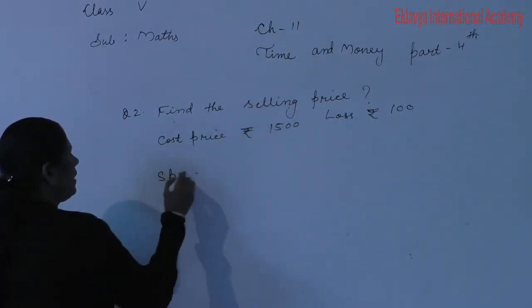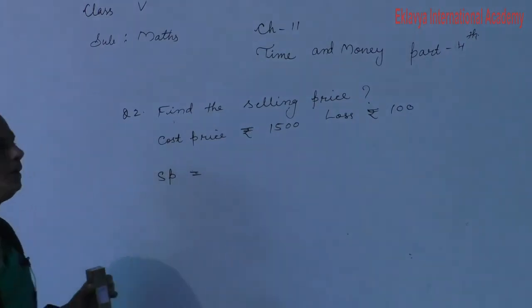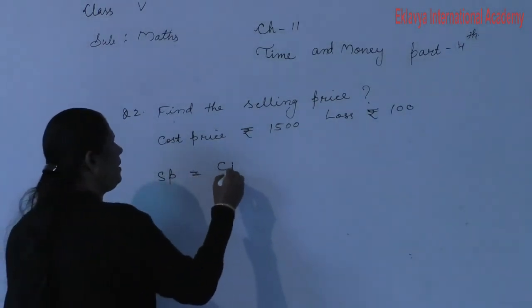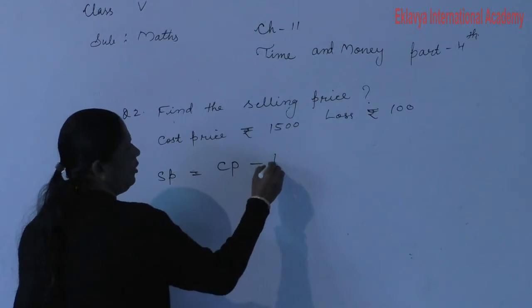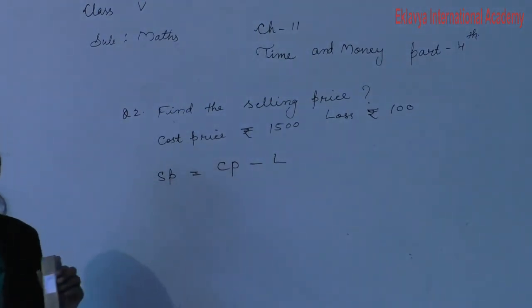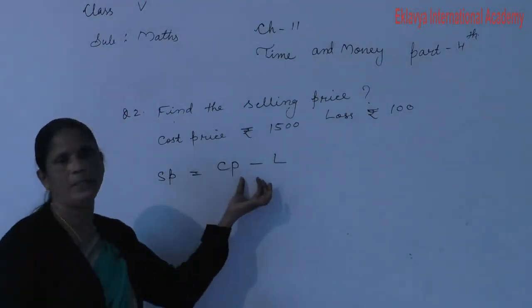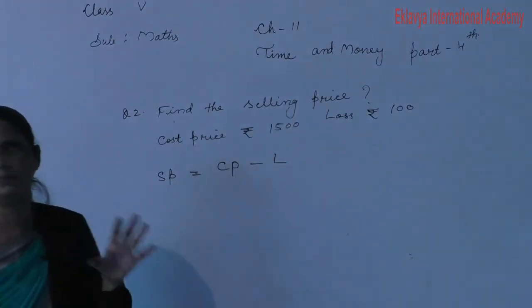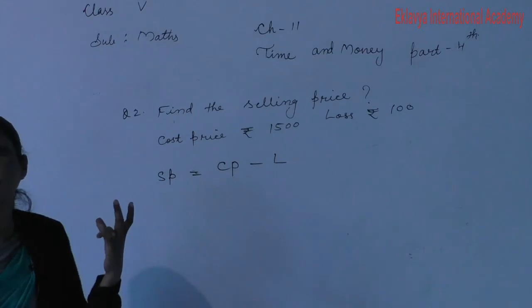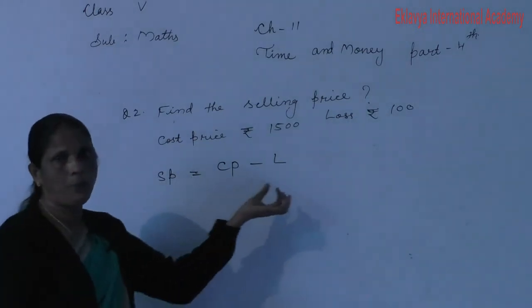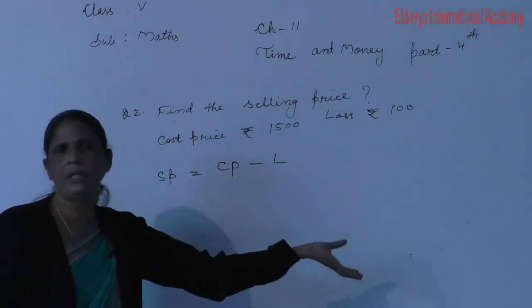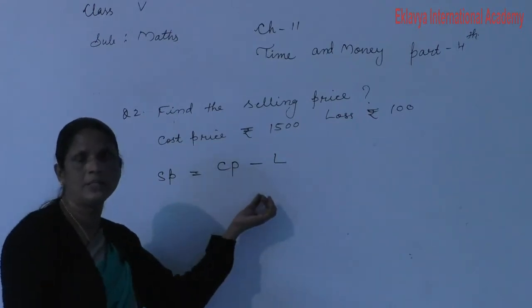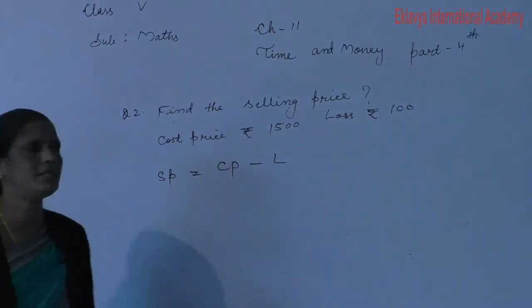SP is equal to CP minus loss. Which formula do we put? CP minus loss, because loss is given in the question. There are two formulas: CP plus profit is equal to SP, and CP minus loss is equal to SP.